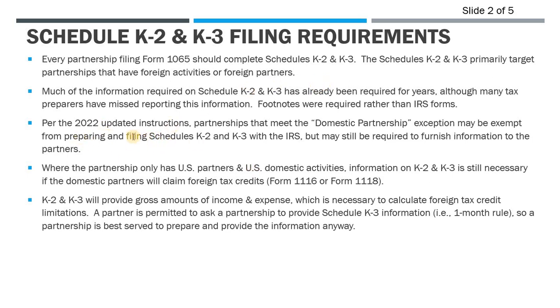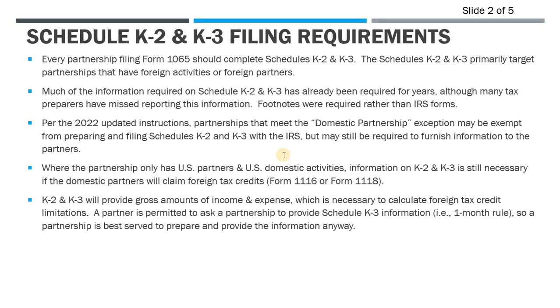Now, under the updated 2022 instructions, we have this domestic partnership exception. And what the IRS is trying to do here is carve out situations where if you have a partnership or an S corp and you fall within a certain unique set of circumstances, you might not have to do Schedules K-2 and K-3.